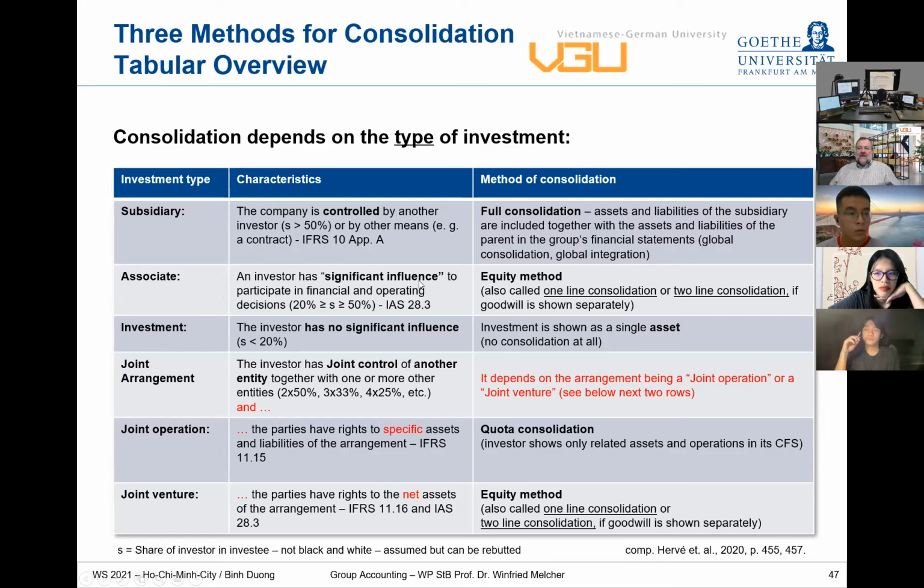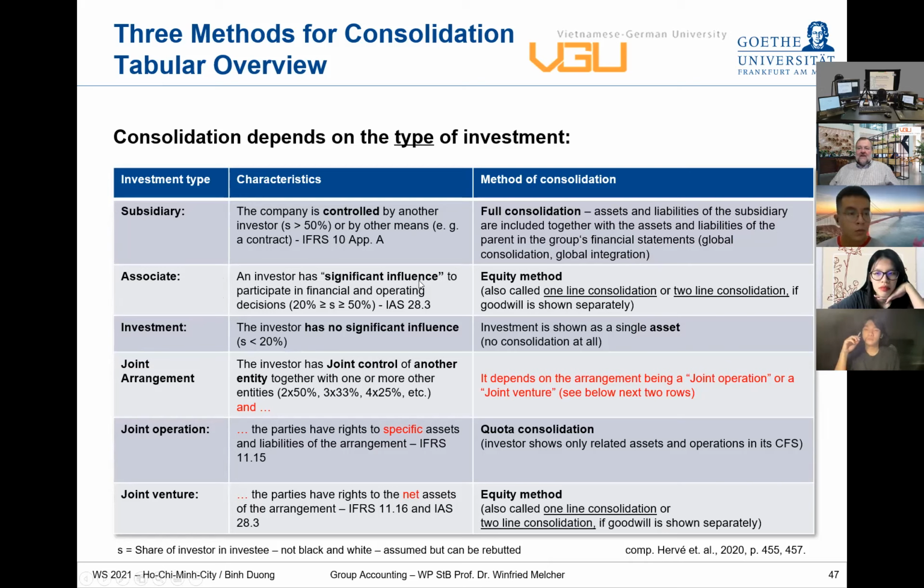This is page 161, so we have to go to the next page, and it tells us the principles of consolidation of the Daimler Group. The consolidated financial statements include the financial statements of Daimler AG, which is the parent, and the financial statements of all subsidiaries, including structured entities.